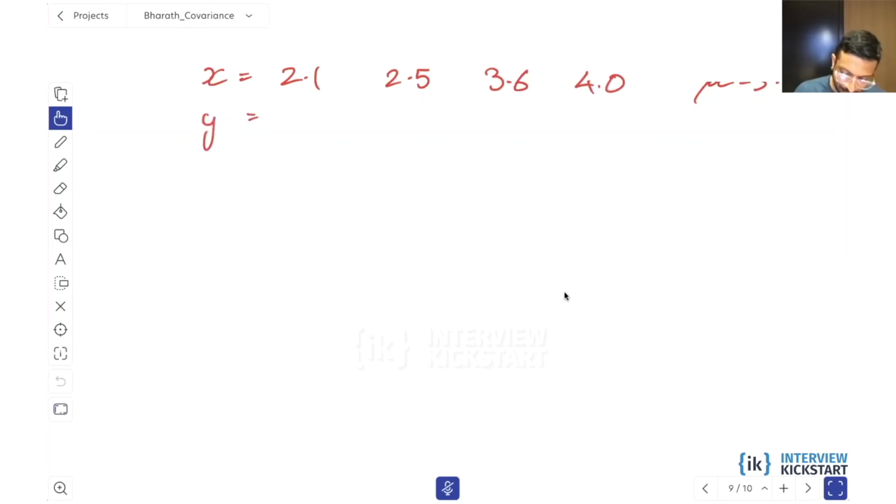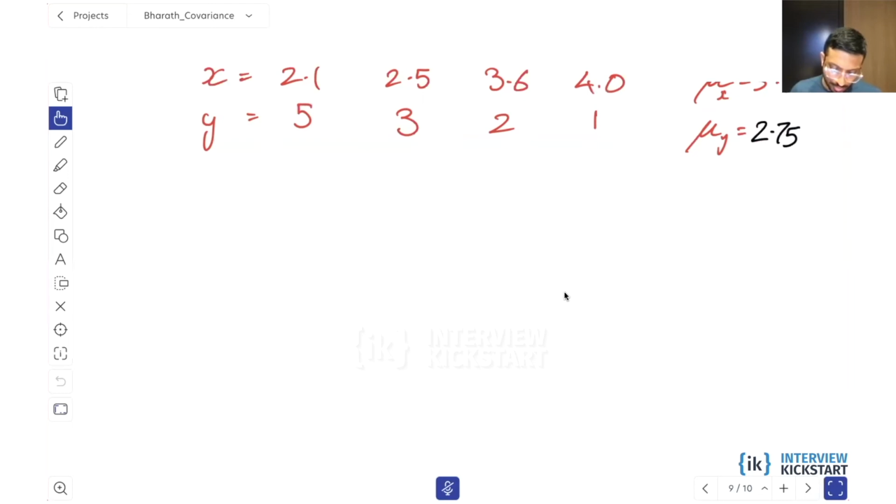For y, now let's take 5, 3, 2, and 1. So what is the mean in this case? 5 plus 3 is 8, plus 2 is 10, plus 1 is 11, divided by 4, which is 2.75.